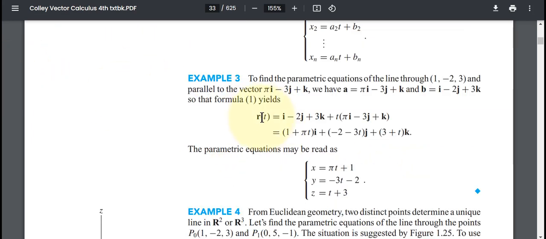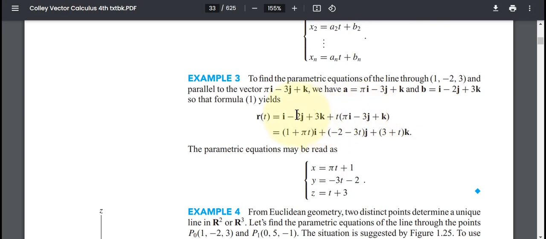So we're going to write R on the left, and then B, and then the vector that we want the line to be parallel to. So here is B, this part here, so we put that here. And then this is the A that we want it to be parallel to, so we put that here, and that's all.